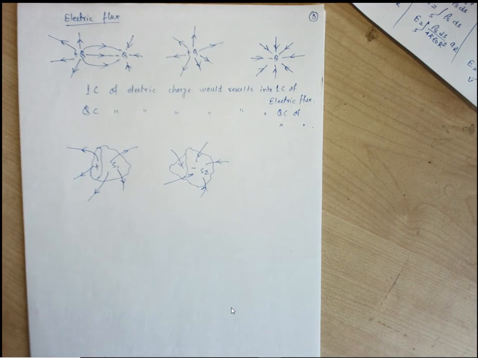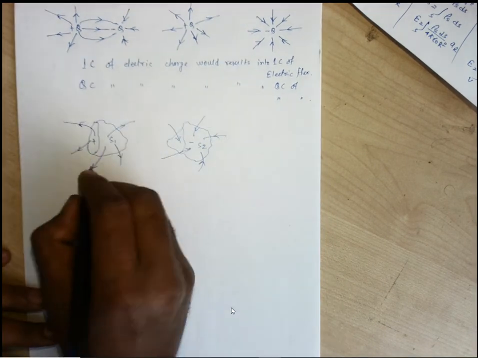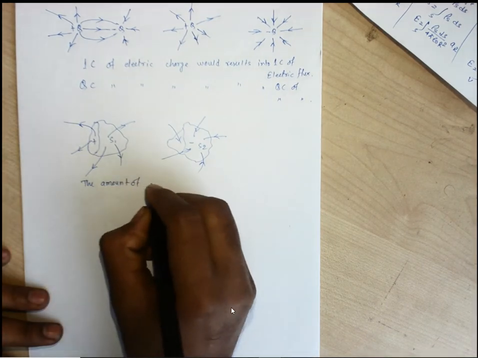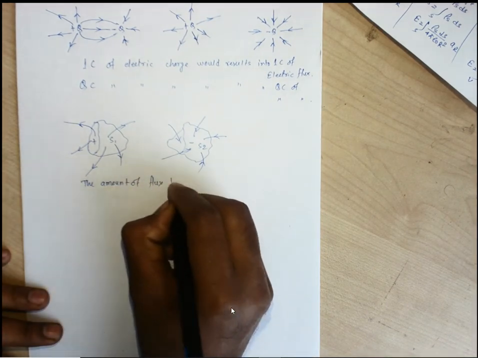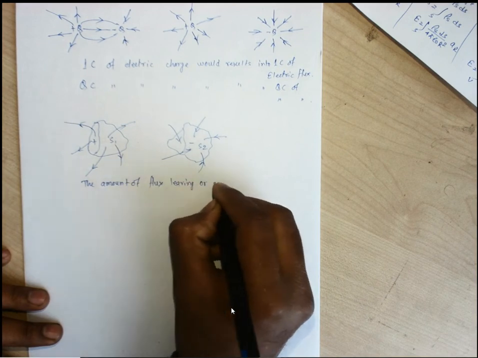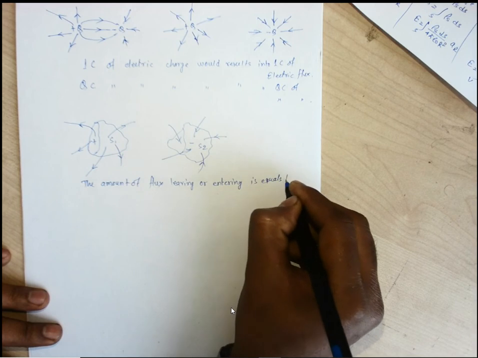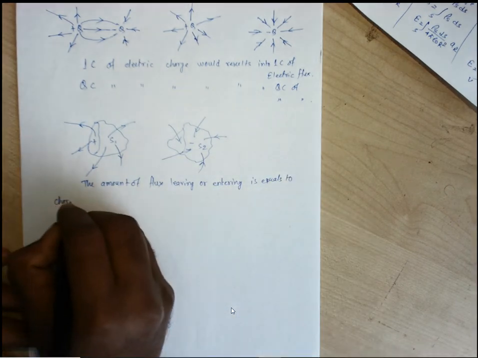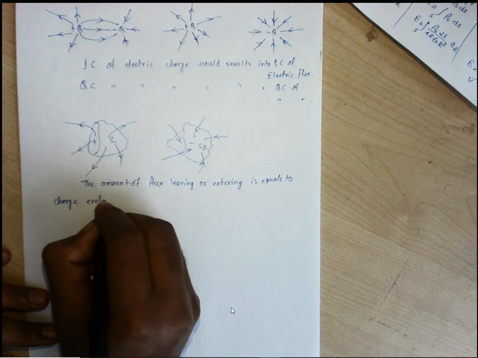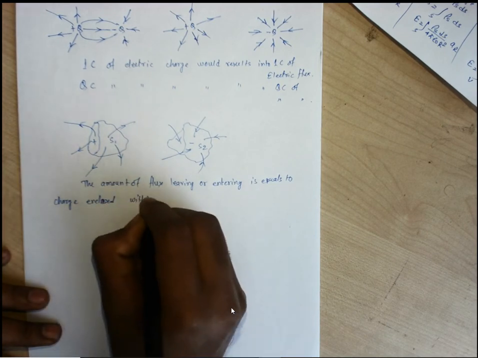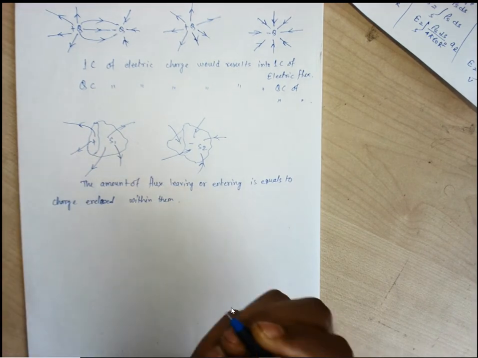So we can say that the amount of flux leaving or entering is equal to the charge enclosed within them, right?